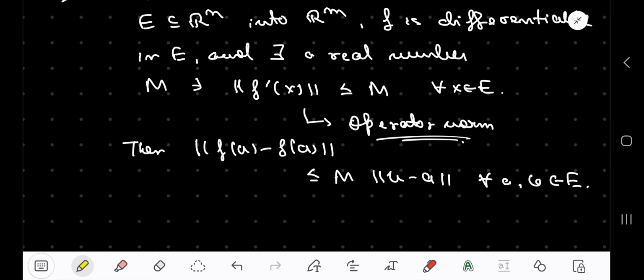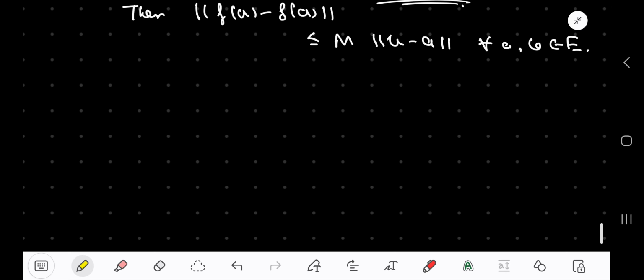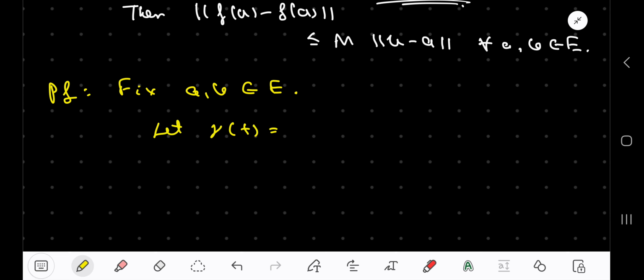But let us understand that, because we need to make use of the convexity as well, so it's not as trivial as it seems to be. Proof: simply fix a, b in E. Let gamma of t be a line segment joining a and b, and we know that this should be completely inside E, because we have chosen E to be convex.